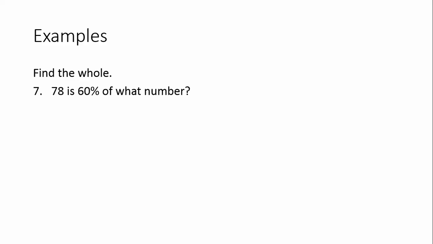And now we've set up so that we could find the percent in the first 3 examples. We found the part in the next 3 examples. So now we're going to find the whole. So part over whole. Now where the word whole is, that will be our variable. Percent over 100. But in your homework, I'm not going to say find the part, find the whole, find the percent. So you'll have to be able to read the problem and understand which numbers are which piece of the proportion.